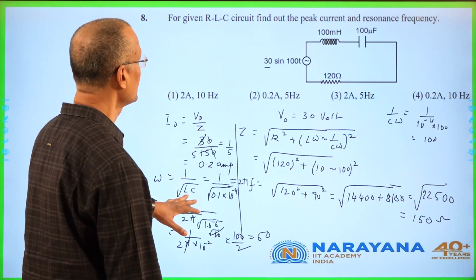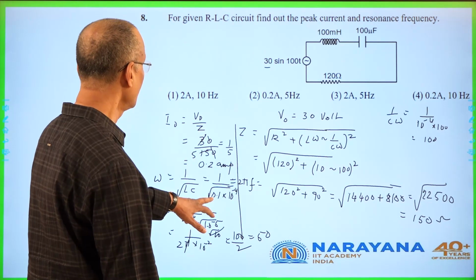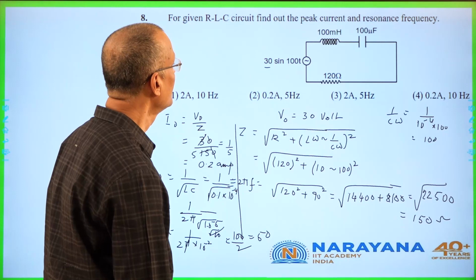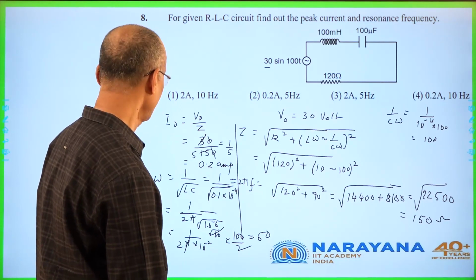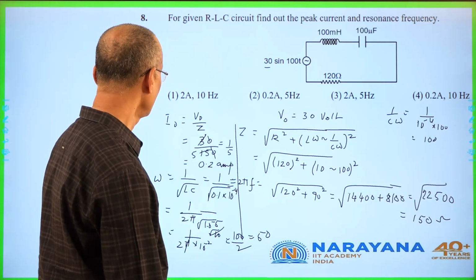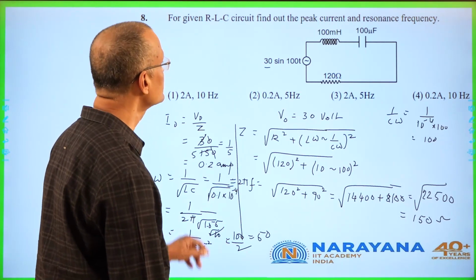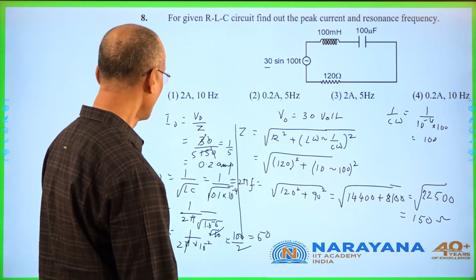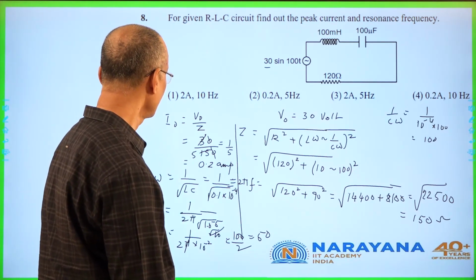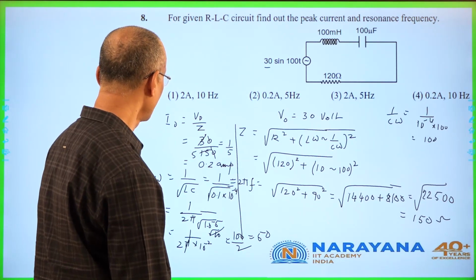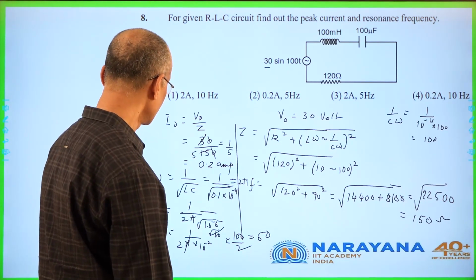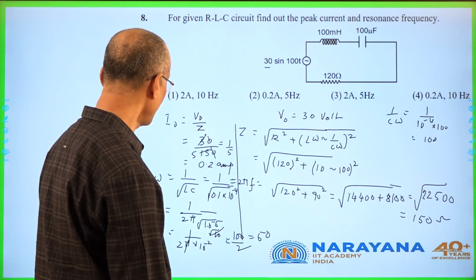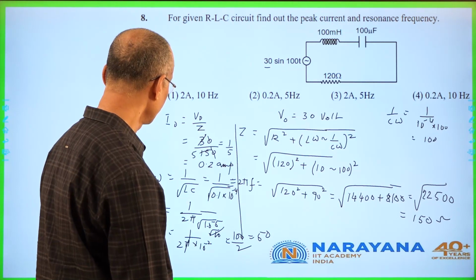1 by root LC, again I am checking. L they have given you 100 millihenry, 10 to the power minus 3 means 0.1, and C is 100 microfarad, 10 to the power minus 4. So it is becoming 10 to the power minus 4 times 10 to the power minus 5. I can take 10 to the power minus 2 out, 10 to the power minus 1 root 10.